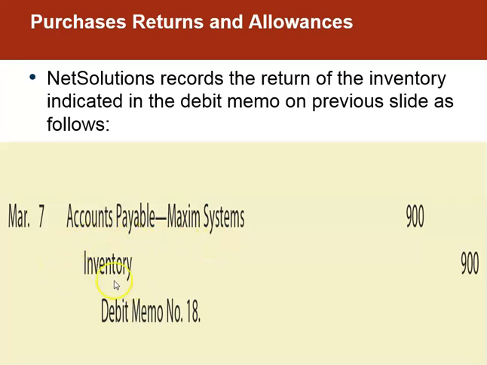So now we're going to credit the inventory because it's going down. Inventory is going down. Okay? So what this does is this satisfies $900 of our accounts payable obligation, and it gets $900 worth of incorrect inventory out of our system.